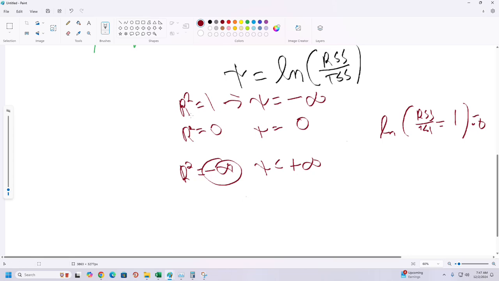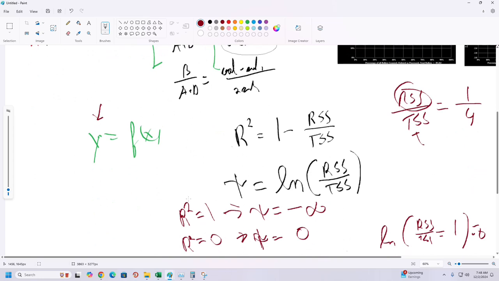Okay? That's what r squared negative infinity would be. But it also translates to psi equals positive infinity. So r squared 1 is psi negative infinity, r squared 0 is psi 0, r squared negative infinity is psi equals positive infinity.